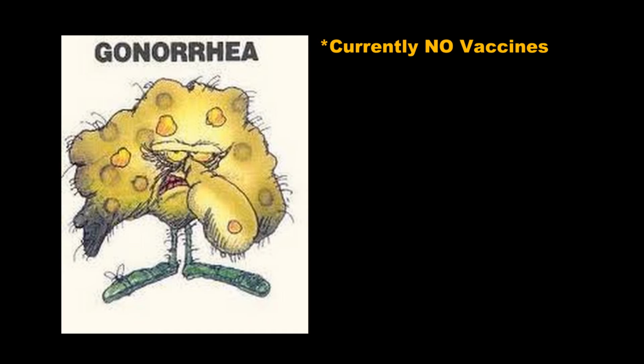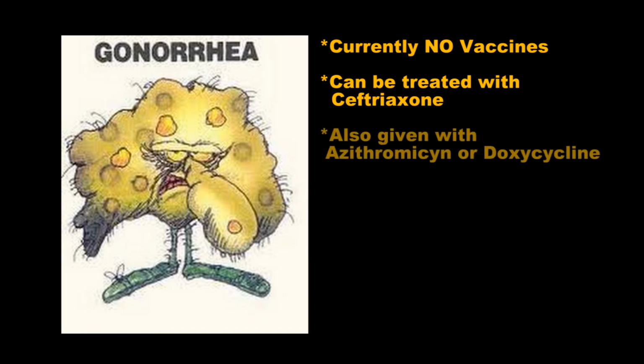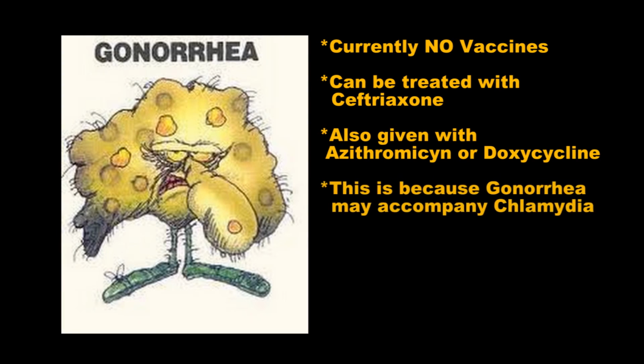However, people can currently get treatment using the antibiotic ceftriaxone, and it's typically given in combination with either azithromycin or doxycycline. They are both also antibiotics because gonorrhea usually occurs with chlamydia, and those two, azithromycin or doxycycline, will treat chlamydia.